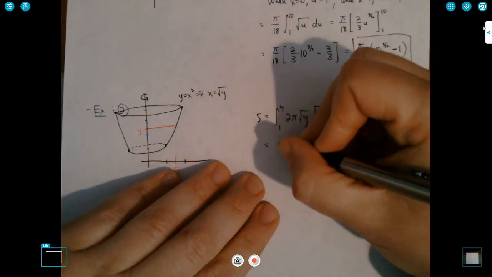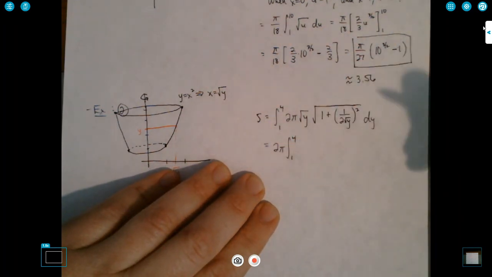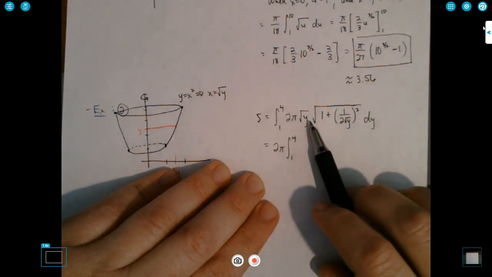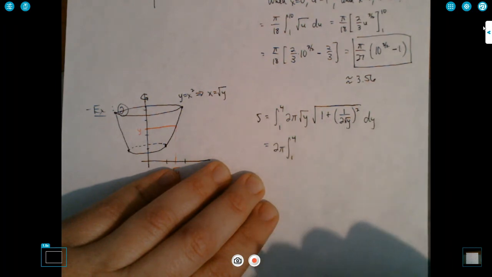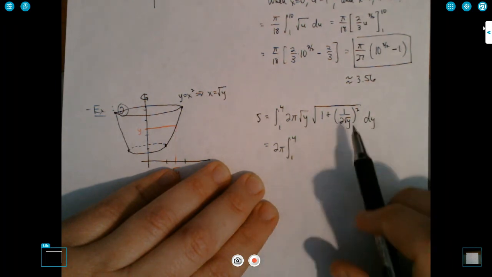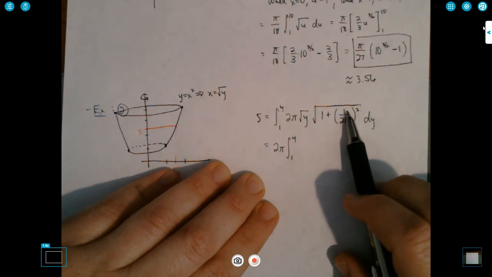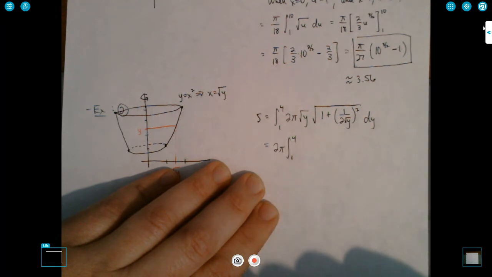So we can take out the 2 pi. When you multiply two square roots, you just multiply the radicands together. So I know I can move this y inside of that square root, so that's not a huge deal. And when I square this one, it's not that bad either, because this is just going to be 1 over 4y.